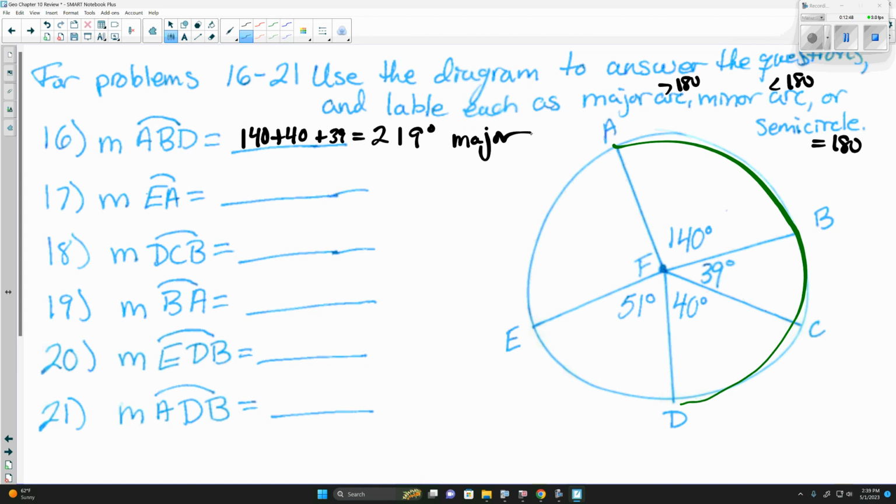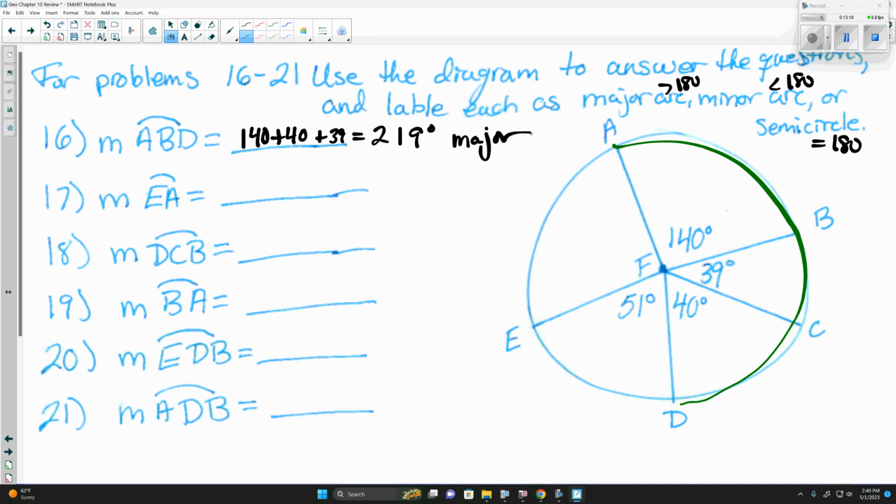Is there any one of these other ones that we want to see? I would like it, but I'm not going to count off if you don't include it. Any other questions on 16 through 21? One thing I would make sure is to classify as major, minor, or semicircle, and definitely get the angle, because if you don't, I will count off half.